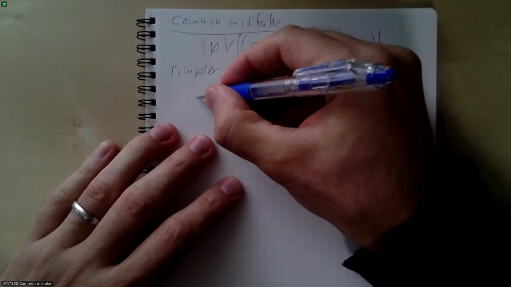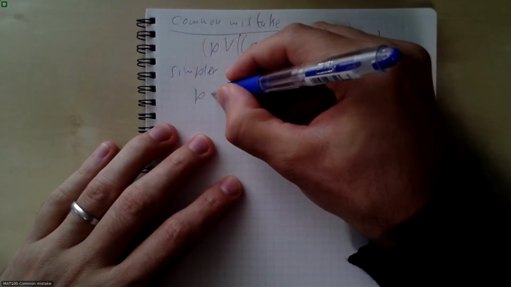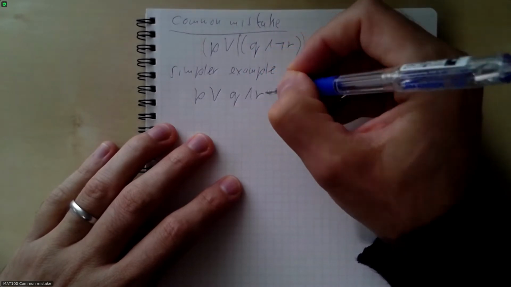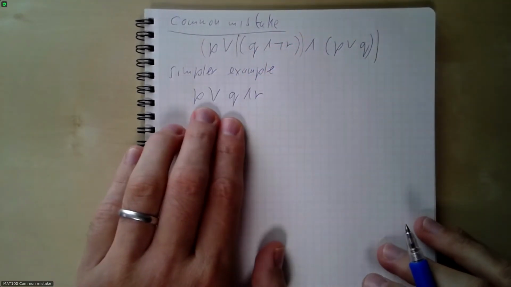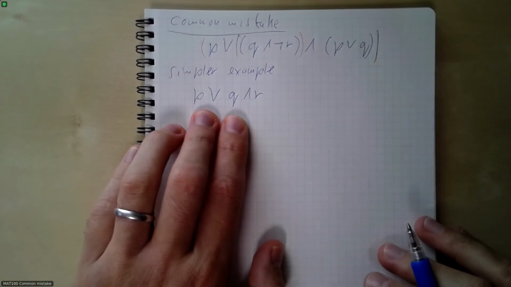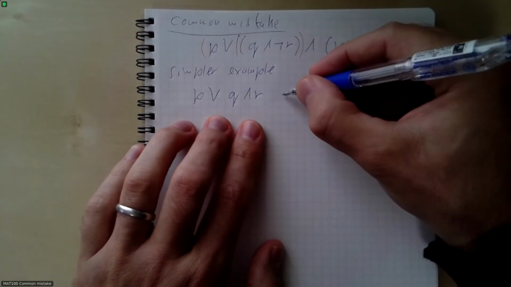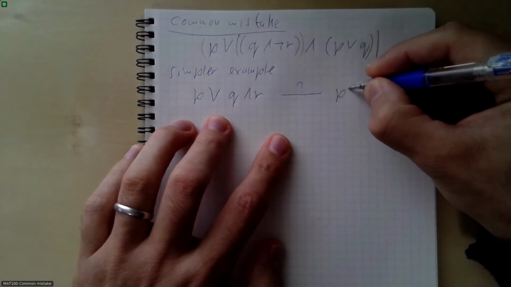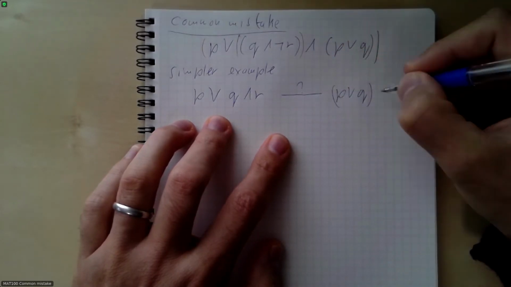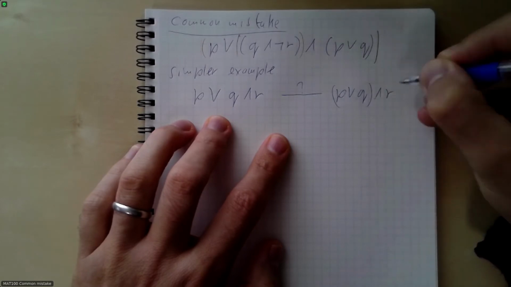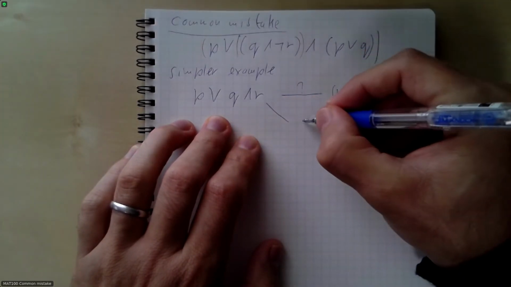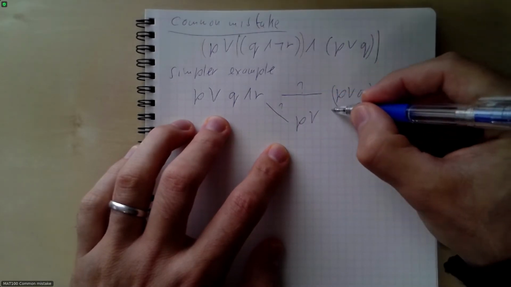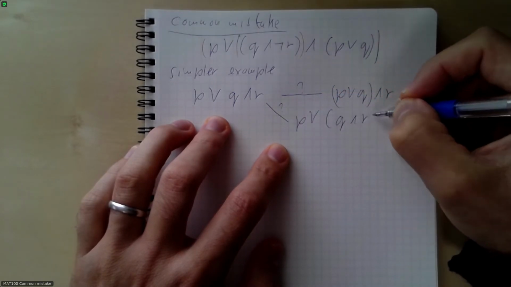If I have P or Q and R, what's the meaning of this? Does it mean this? Do I mean P or Q, and R, or do I mean P, or Q and R?